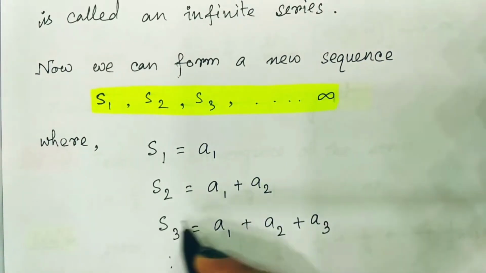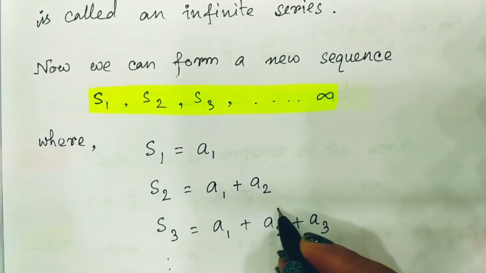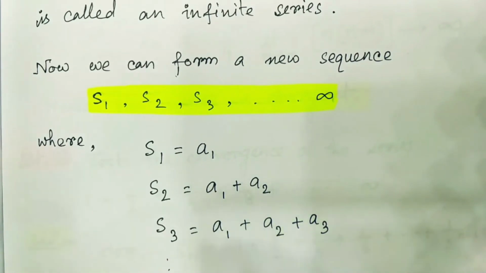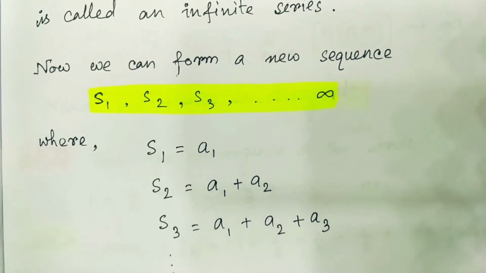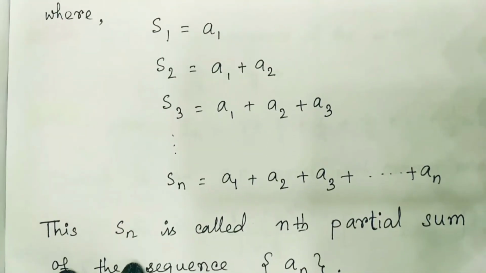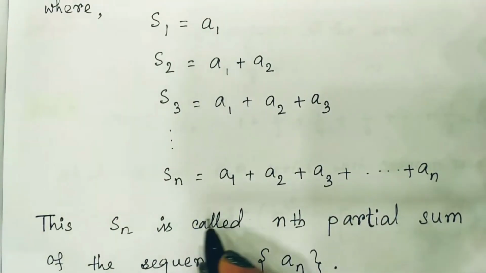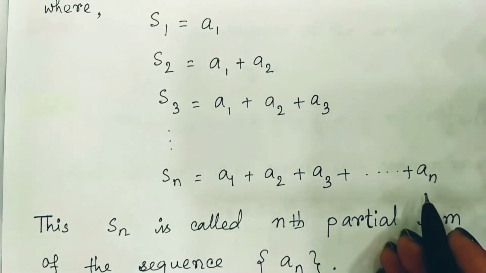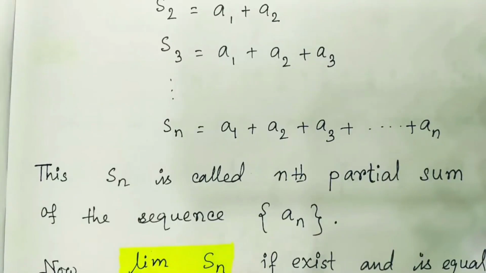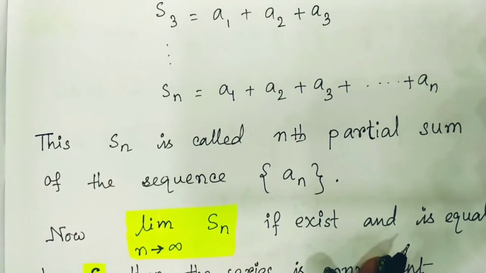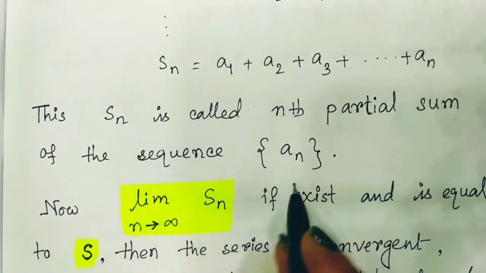Now S2 equals a1 plus a2, that is the first term plus second term. S3 is the first term plus second term plus third term. In this way, if we proceed, we can find Sn, which is the summation of the first n terms. This Sn is called the nth partial sum of the sequence an.